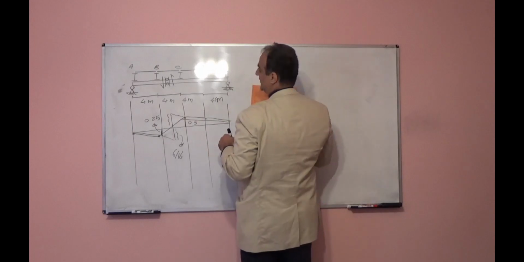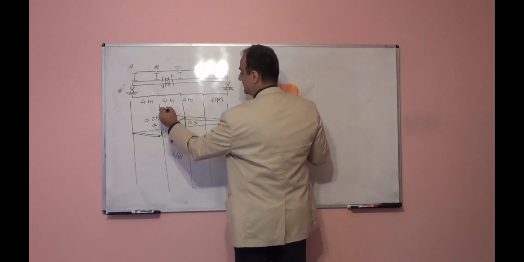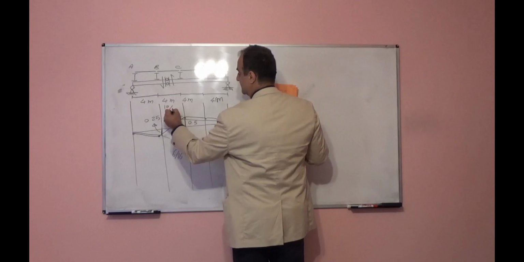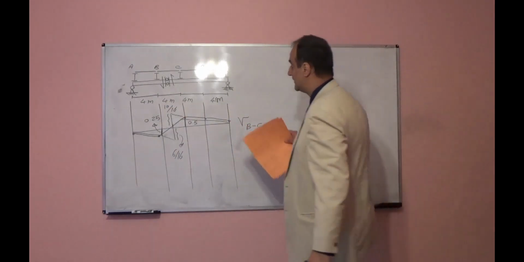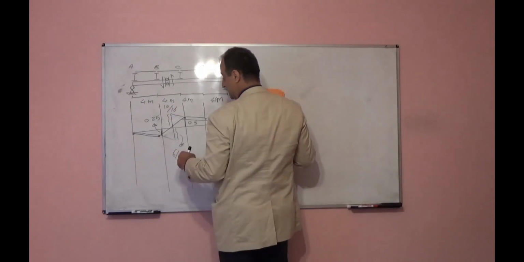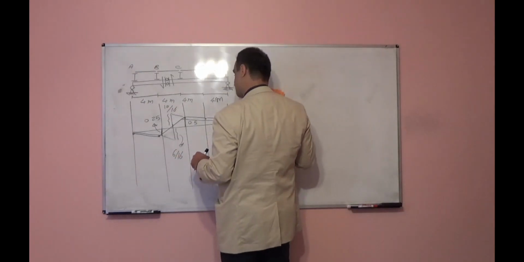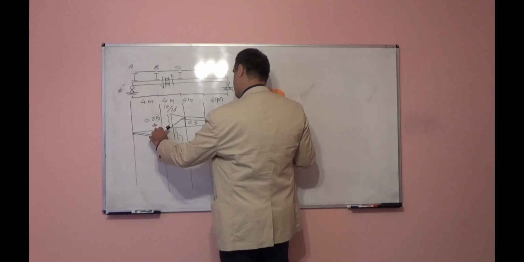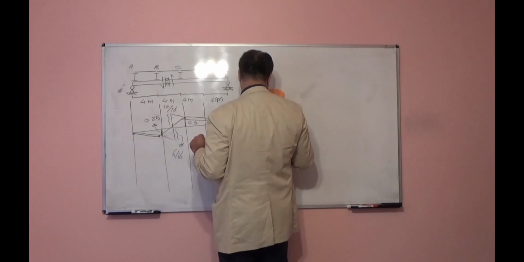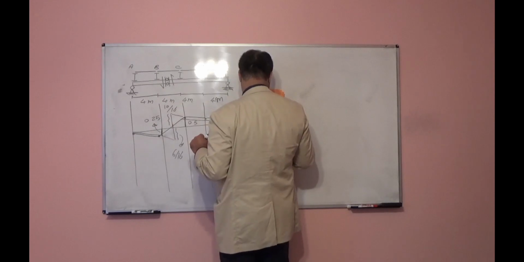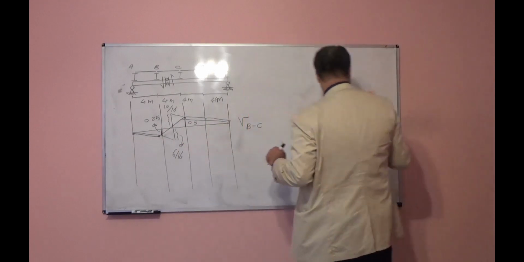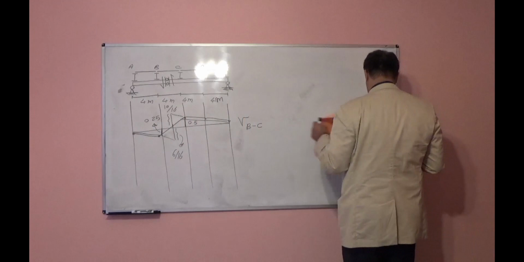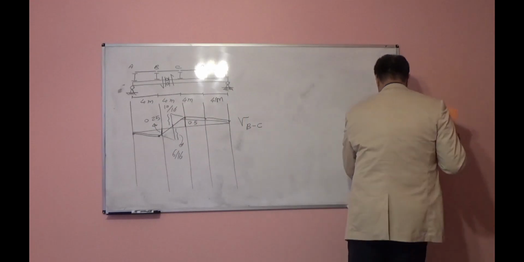This one will be 10 over 16. 10 over 16 and 6 over 16. So from similar triangle, this will be 0.25, this will be 0.5. Okay, let's look at the next example.